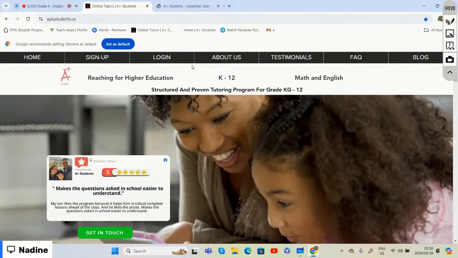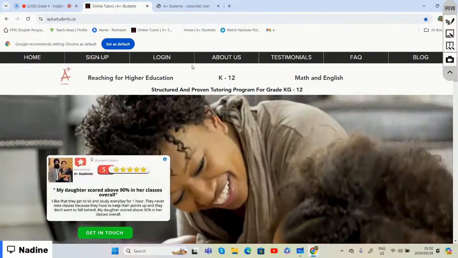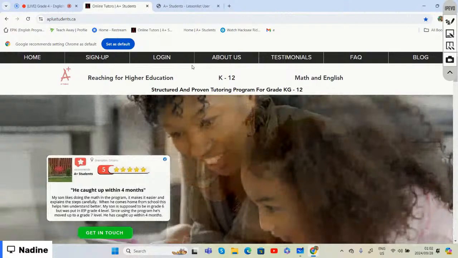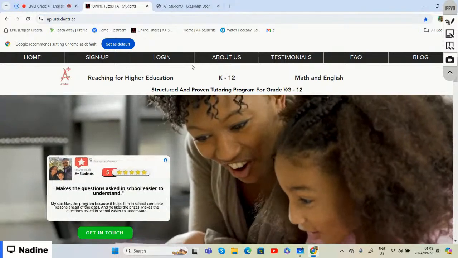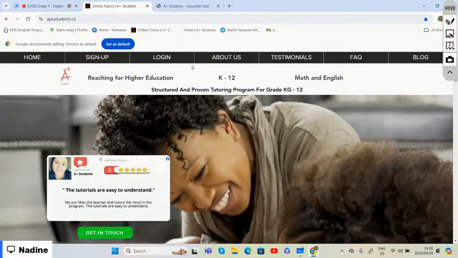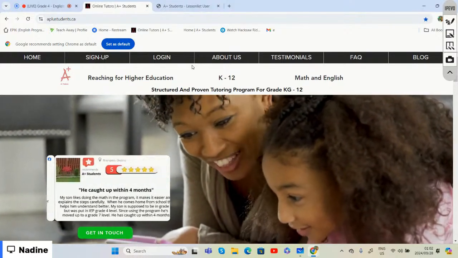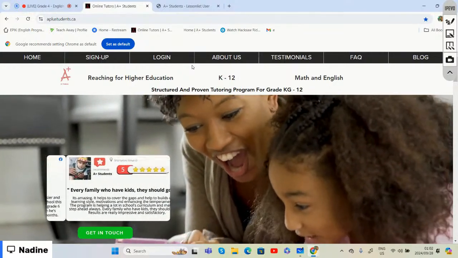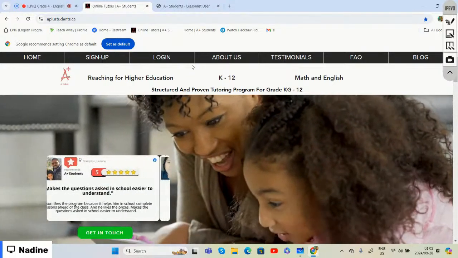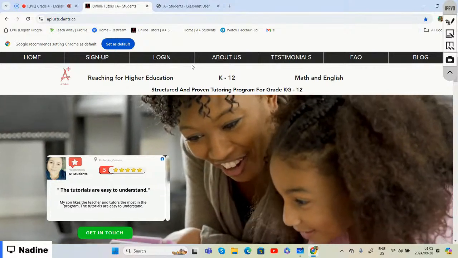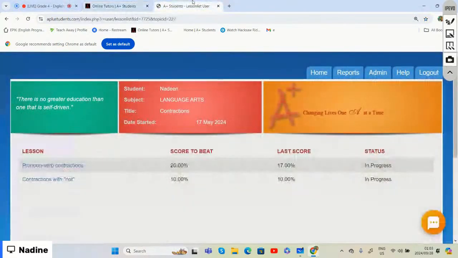Once you've logged on with our username as well as our password, we're going to select the subject of English Language Arts, Grade 4. Then we're going to scroll down until we get to our chapter of contractions.